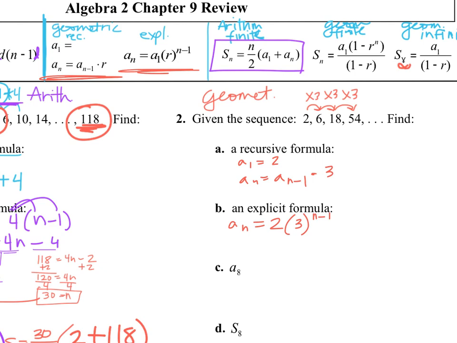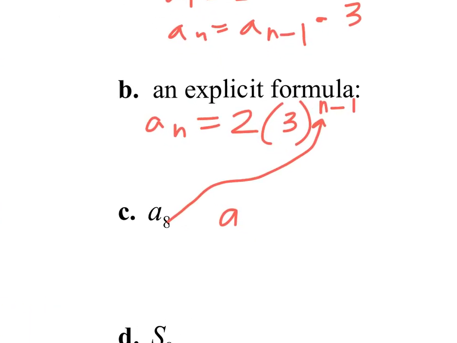So if we want the 8th term, I would plug in an 8 right here. So a sub 8 equals 2 times 3 to the 8 minus 1. So really you're going to plug in 2 times 3 to the 7th power. That is not 6 to the 7th power.